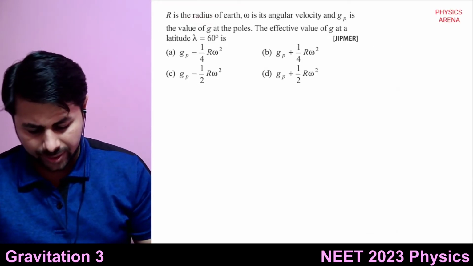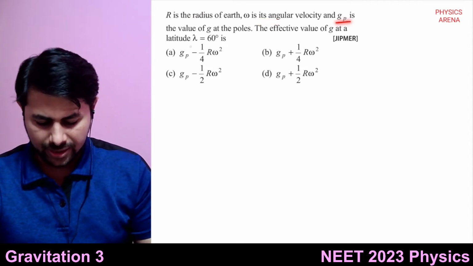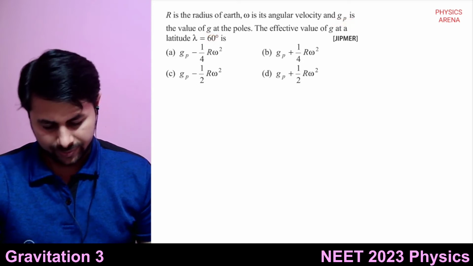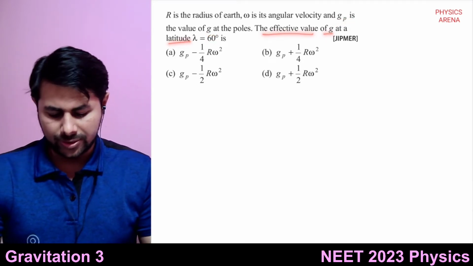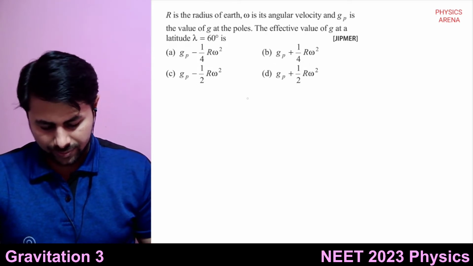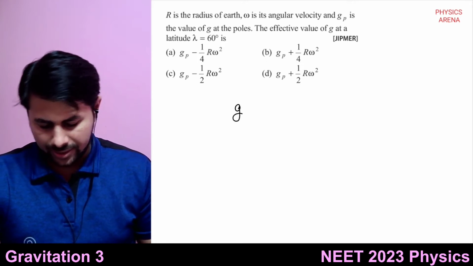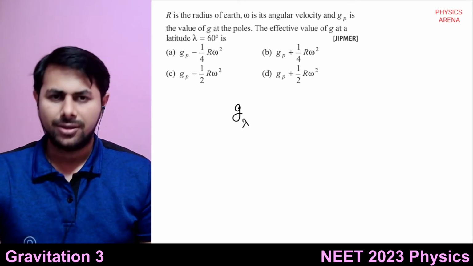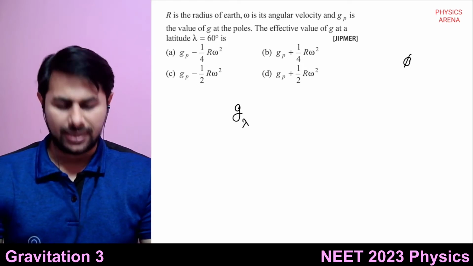R is the radius of Earth, omega is its angular velocity, and Gp is the value of G at the poles. The effective value of G at the latitude lambda equal to 60 degrees is? So what is the effective value of G at latitude lambda? Latitude we denoted by phi, they are denoting it by lambda.